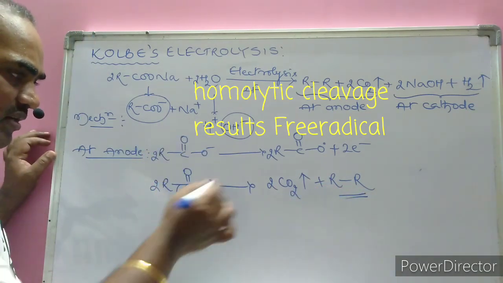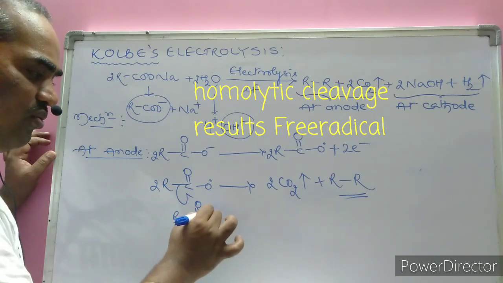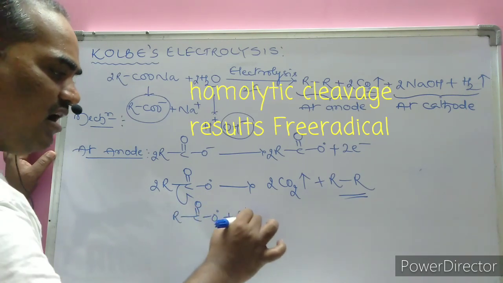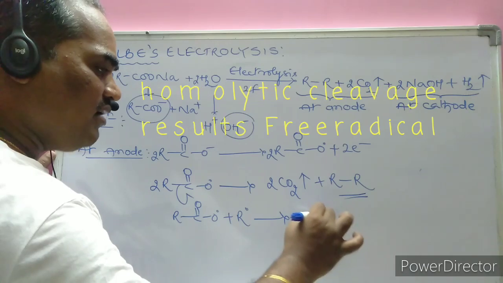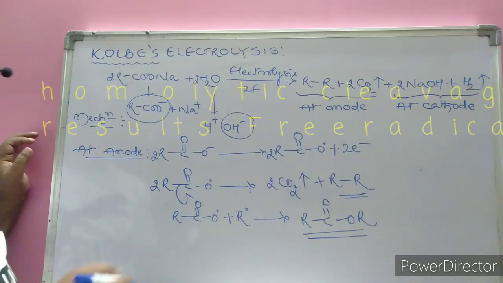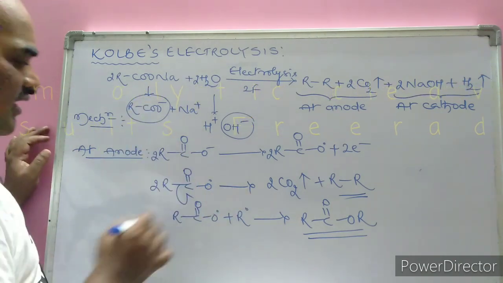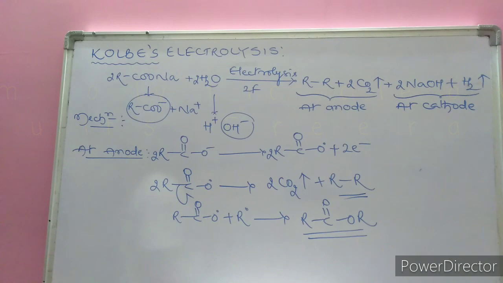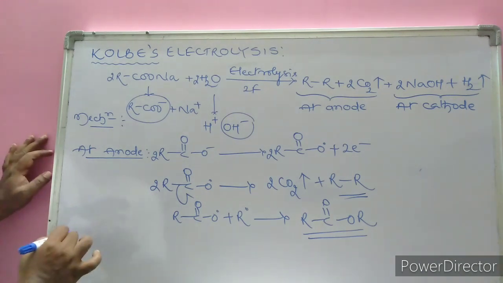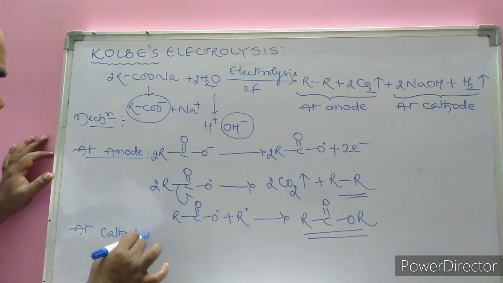In minute quantity, another product is also forming, that is the RC=O radical may join with the R radical to form RC(=O)OR, that is, an ester is also possible as a byproduct in very minute quantity. Next, what are the reactions taking place at the cathode? At the cathode, a cation always moves towards the cathode and gets deposited.